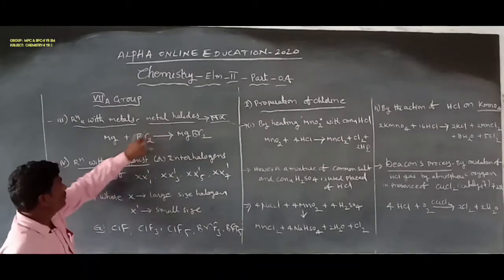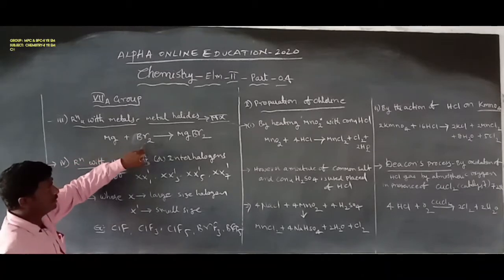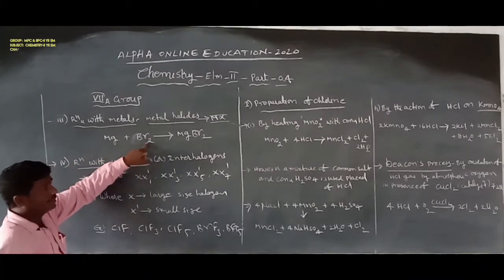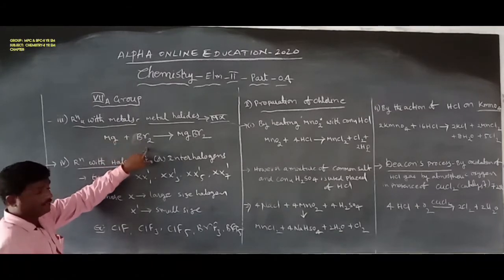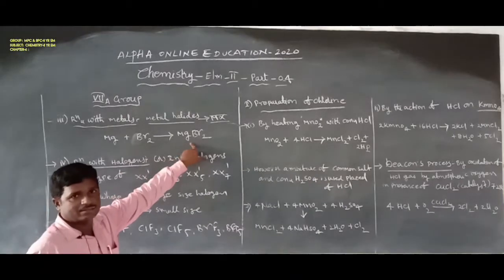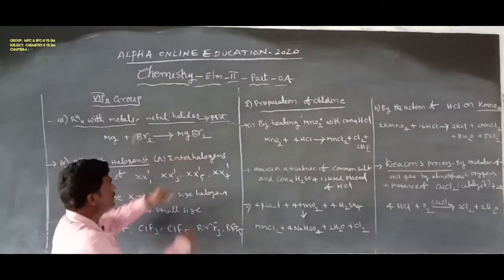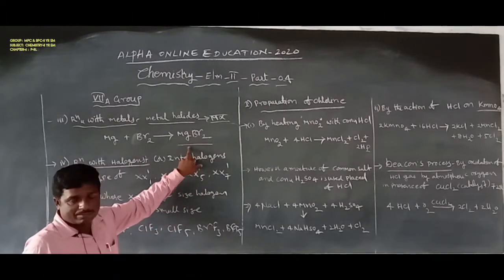metals to form metal halides. For example, magnesium is the metal. Magnesium metal combines with the halogen element bromine. That is, magnesium is treated with the bromine atom to form magnesium bromide. Magnesium bromide is the metal halide of the magnesium metal.